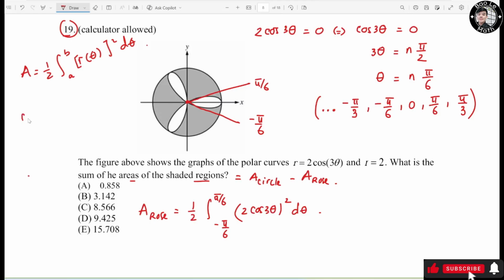Remember, cosine squared theta is equal to 1 plus cosine 2 theta divided by 2, right? So this one is 3 theta, this guy must be 6 theta, right? So keep that in mind. You have sine squared theta is equal to 1 minus cosine 2 theta divided by 2. So keep that in mind.